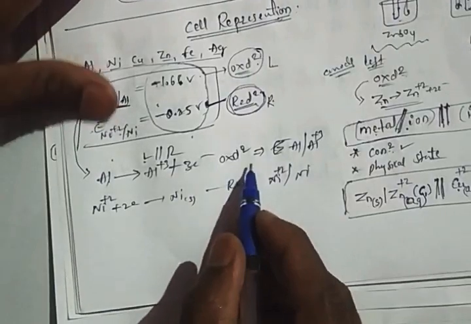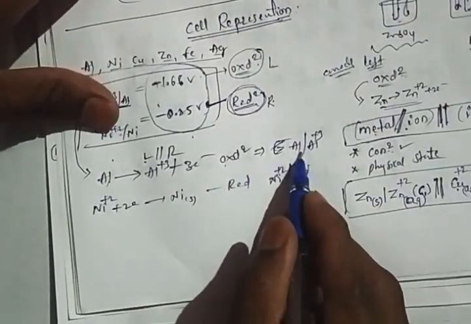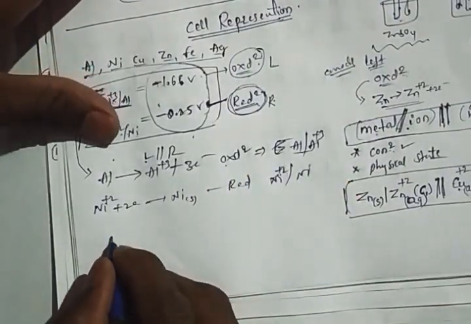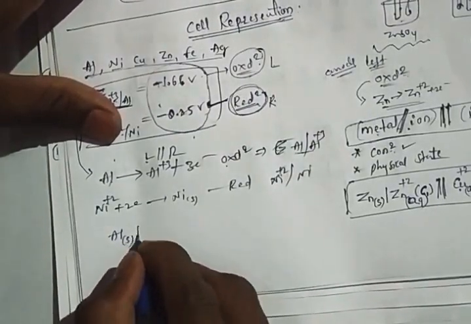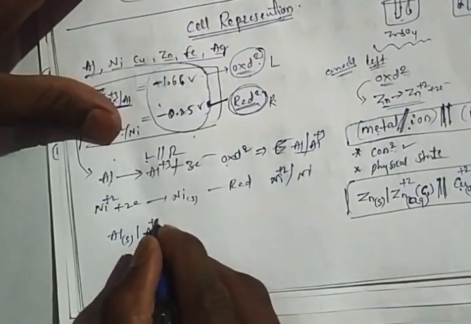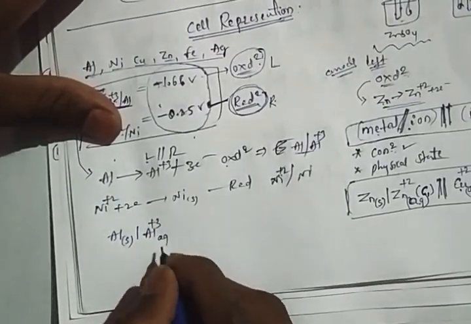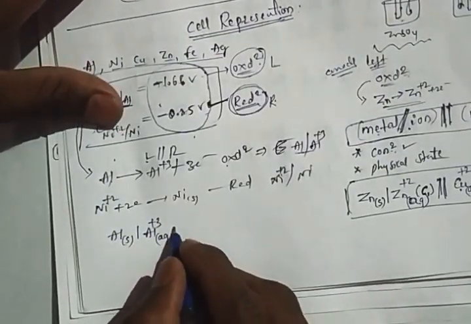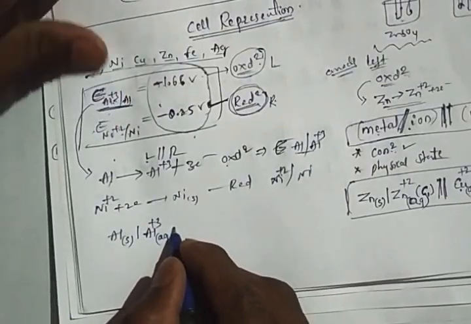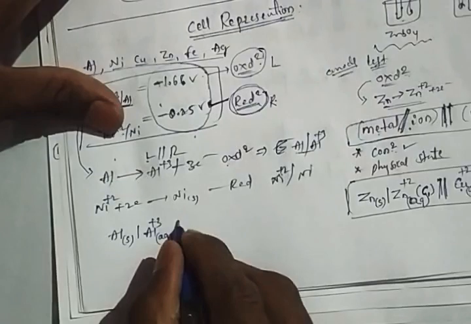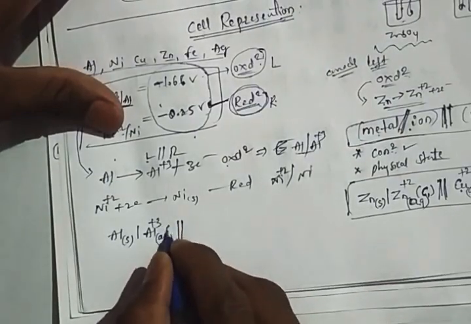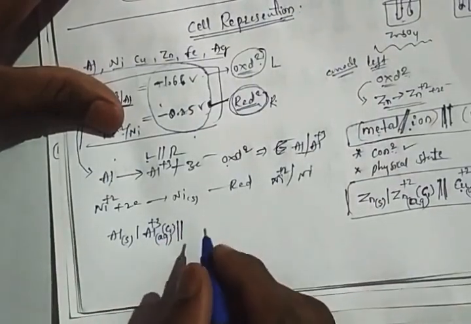First the oxidation half cell. This one is the oxidation part. Therefore aluminium, which is solid, undergoes oxidation, Al plus 3 aqueous. What should we write in the bracket? Concentration. But in this case I have not given the concentration, so you can directly write it, or you can mention C1 in the bracket, no problem.